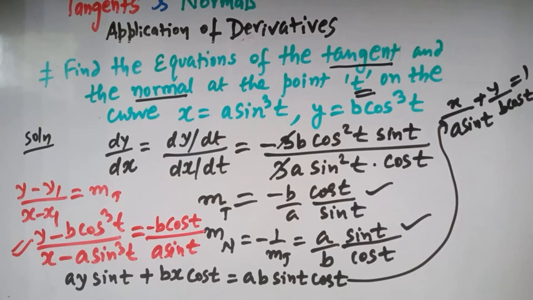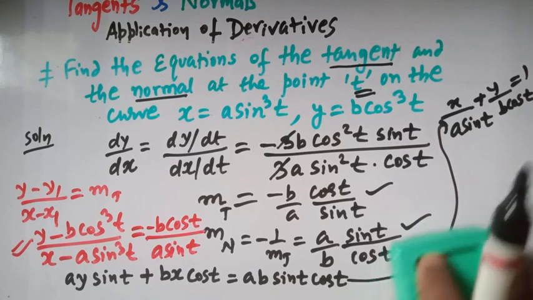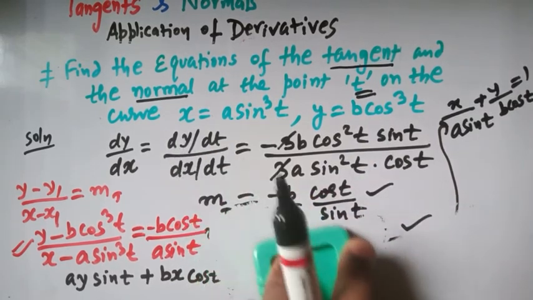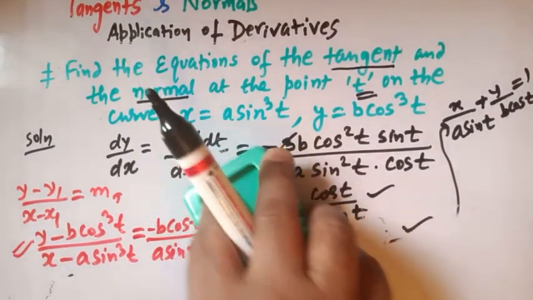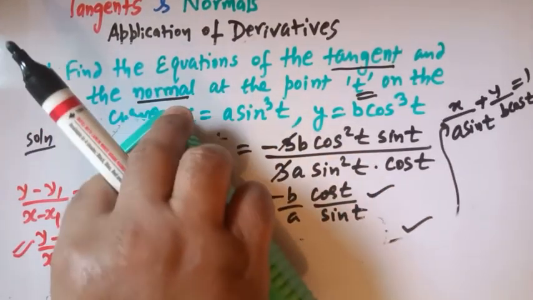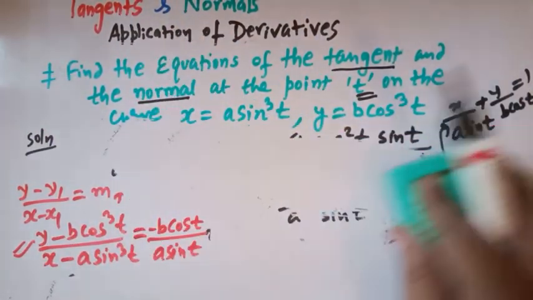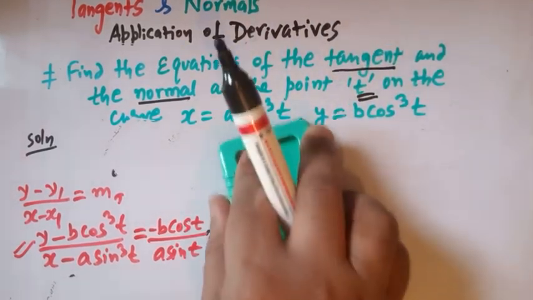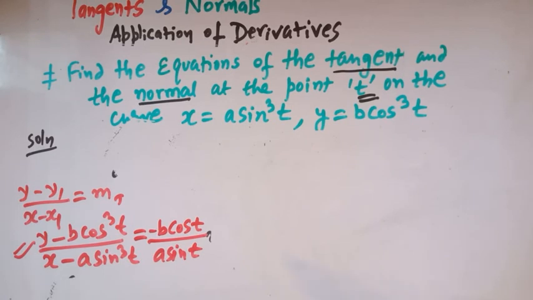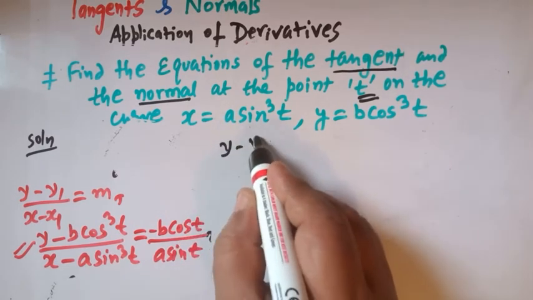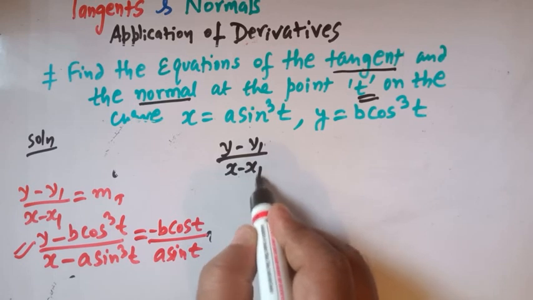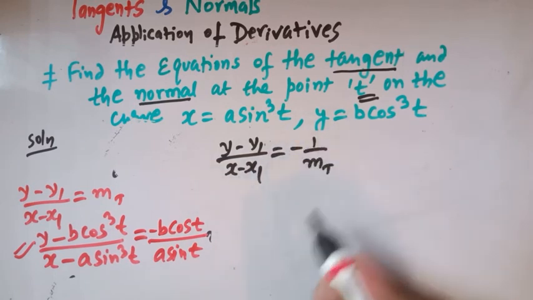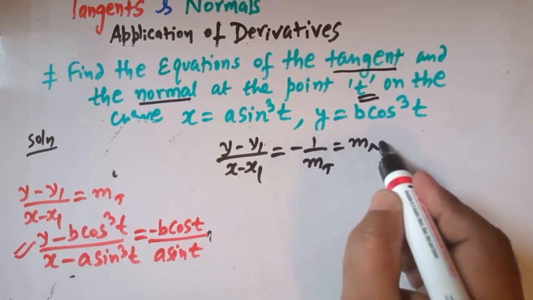Okay, so the equation of normal is (y minus y1) over (x minus x1) is equal to minus 1 over mt, or we can write it as mn.